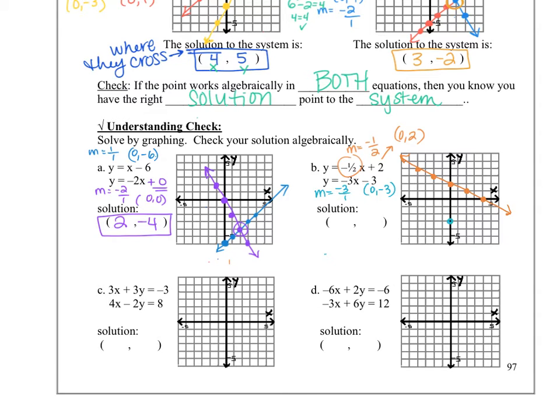So starting at negative 3, going down 3, right 1. Clearly we can't go anymore. So go backwards, up 3, left 1, because that would be up and negative still works. Up 3, left 1, there it is. And there's your line. And it crosses right here, which is negative 2, 3.